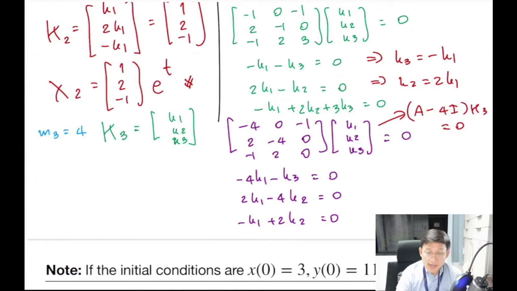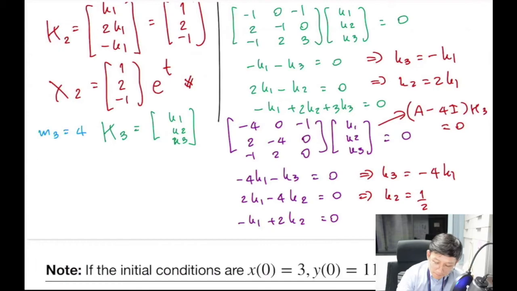And then we write k3 as minus 4k1. And then K2 as 1 half K1. Okay, K2 as 1 half K1.